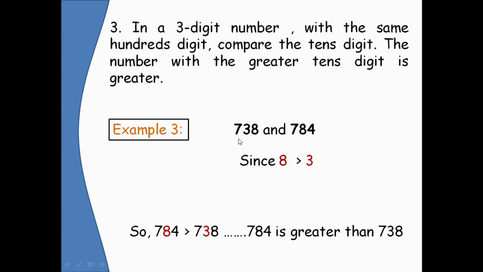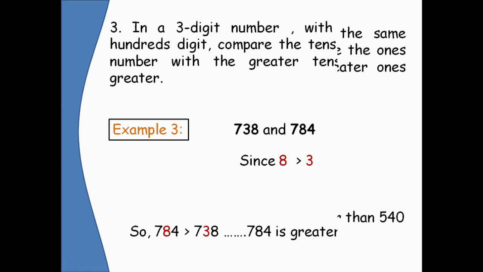Since here the hundreds place is same, we have to compare the tens place digit, and since 8 is bigger than 3, the number 784 is greater than 738.